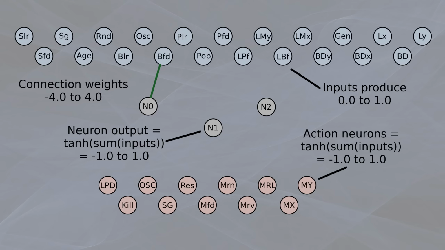Each of the output neurons, likewise, will sum up each of its inputs and come up with a sum that's in some arbitrary floating point range. It will pass that sum through a hyperbolic tangent function to get a number between -1 and +1, and then that determines whether or not that output neuron will fire or not.